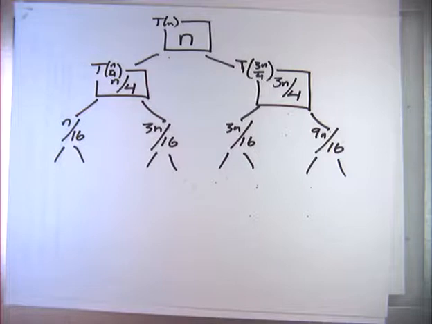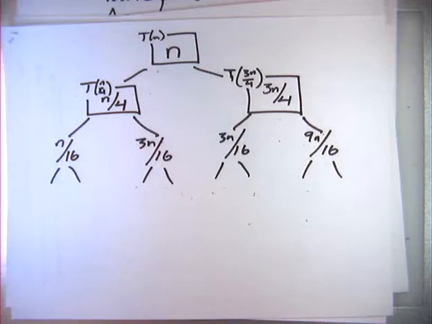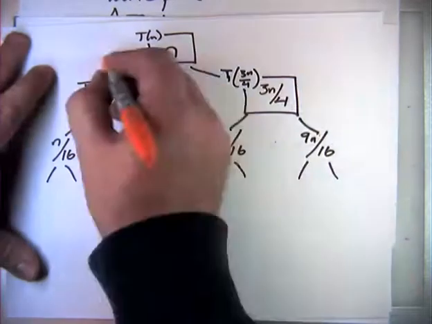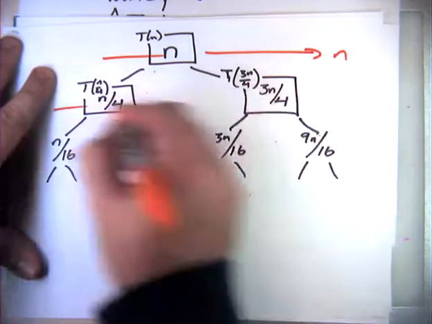Okay. Nevertheless, this is enough to let you solve the recurrence. Okay, so the standard thing that we do with recursion trees is once we've drawn the picture and we're confident that we understand the pattern, we sum things up row by row.